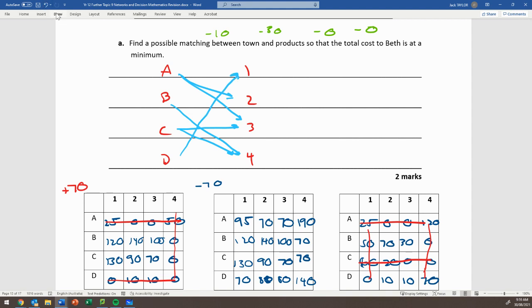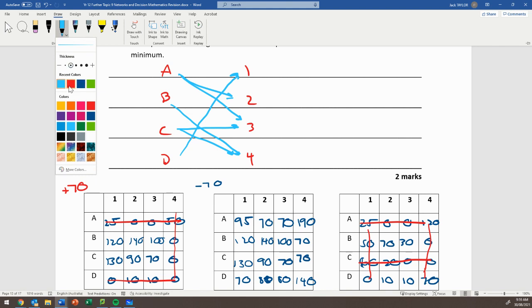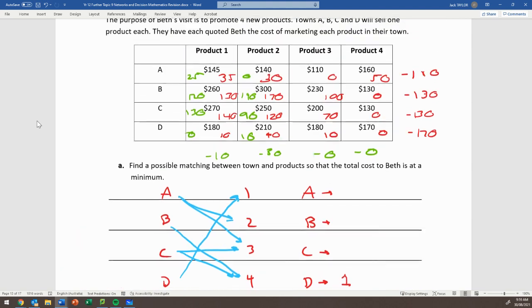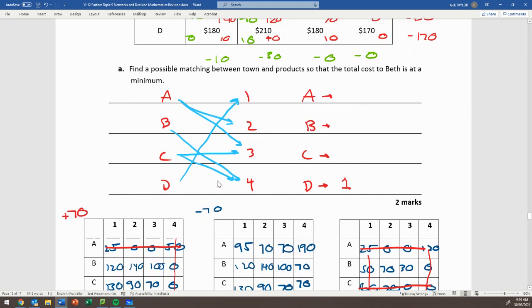So now using this bipartite graph, we can do the optimal. All right, so D has to be 1, which looking at my original table was 180.